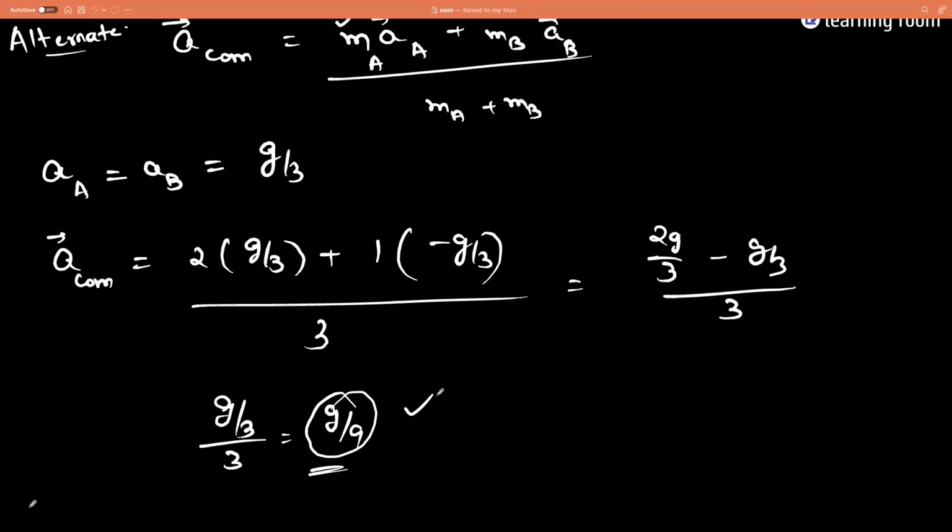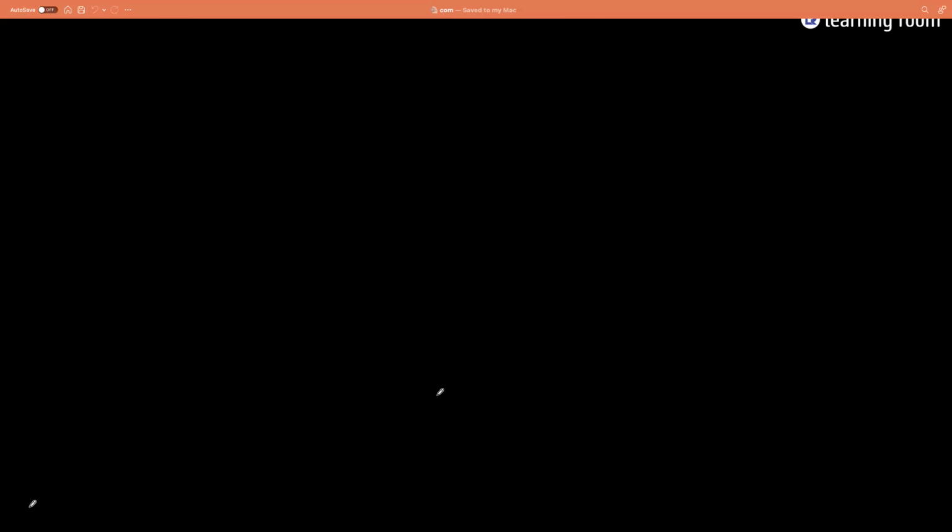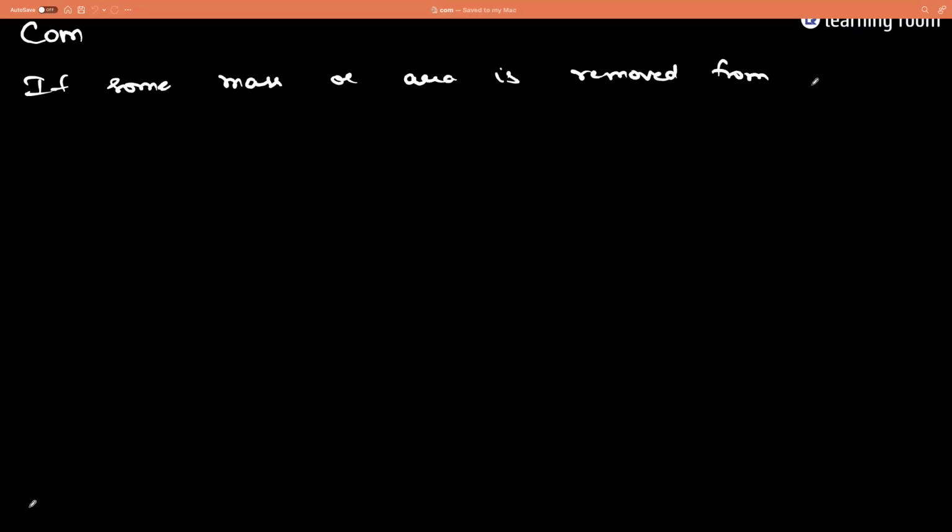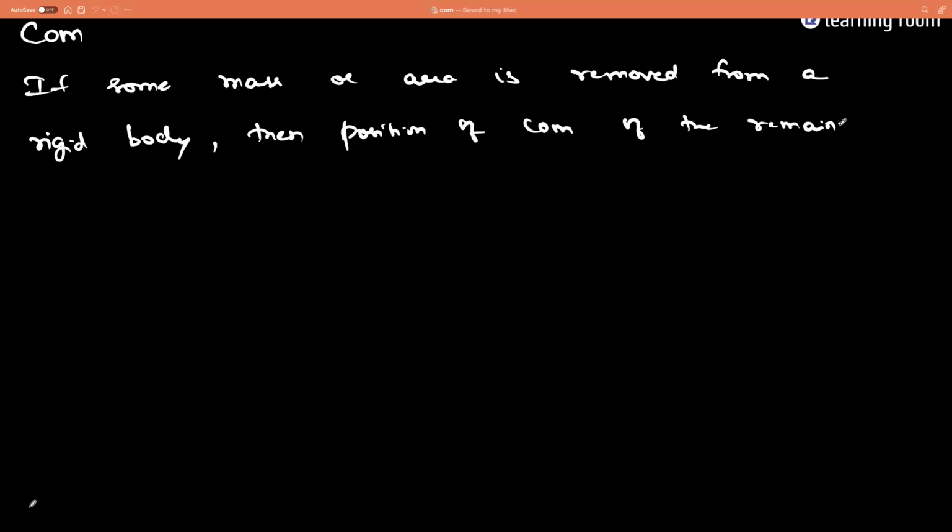So one last concept for the day is center of mass if some mass or area is removed from a rigid body. Then the position of center of mass of the remaining body, how to calculate it?